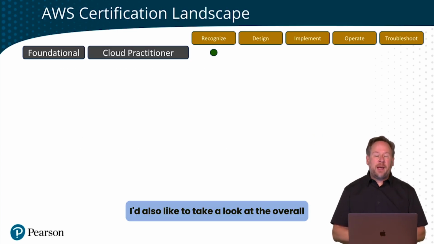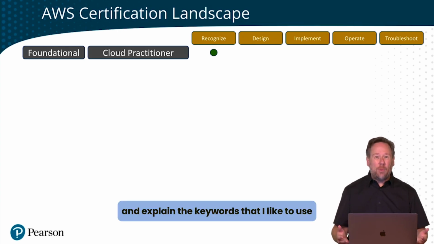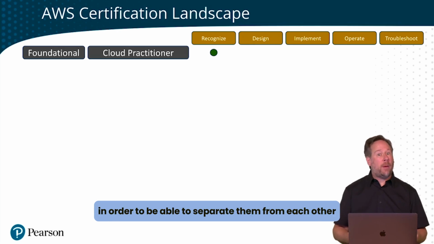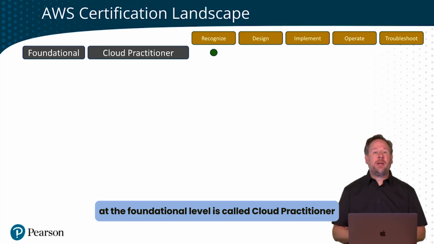I'd also like to take a look at the overall AWS certification landscape and explain the keywords that I like to use in order to be able to separate them from each other. The first exam at the foundational level is called Cloud Practitioner.